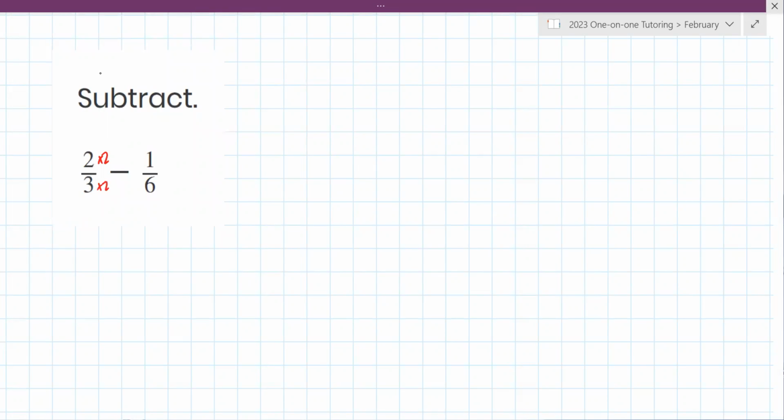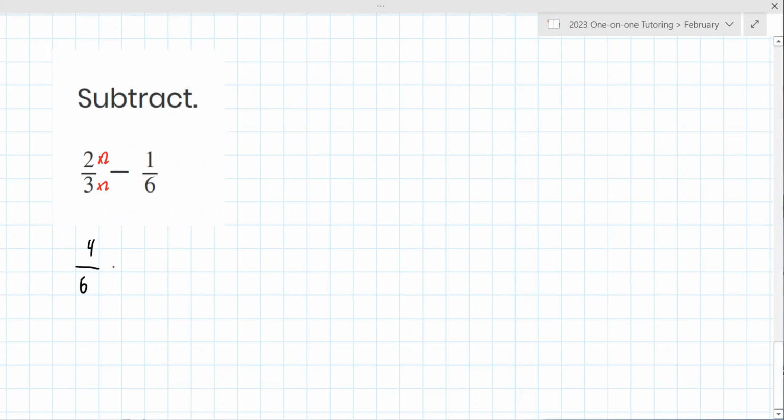Okay, so you're going to write your new fraction. What does this equal when you subtract? It equals 3 over 6. Okay, now can you simplify this? Because there's a number that goes into both the top and the bottom.